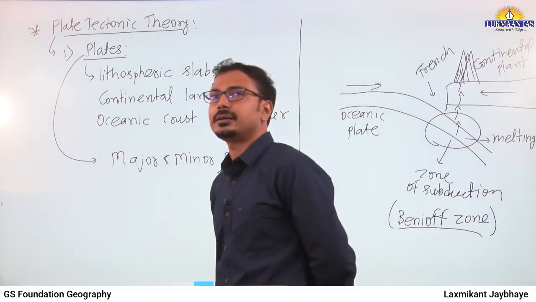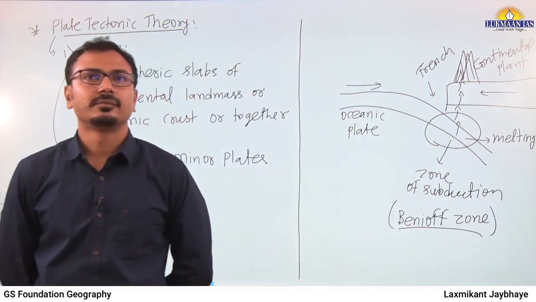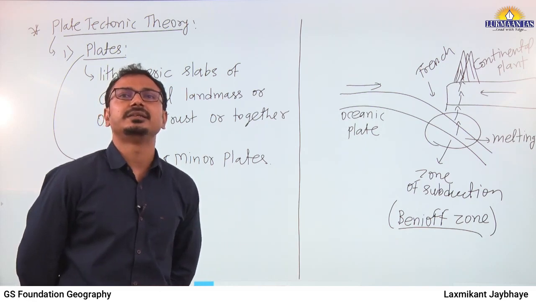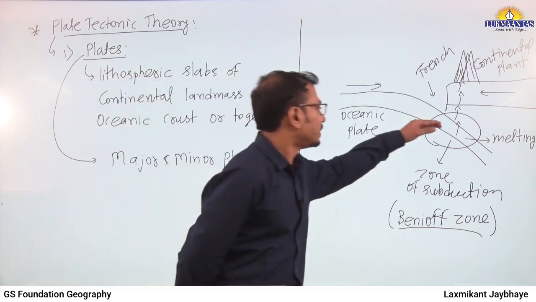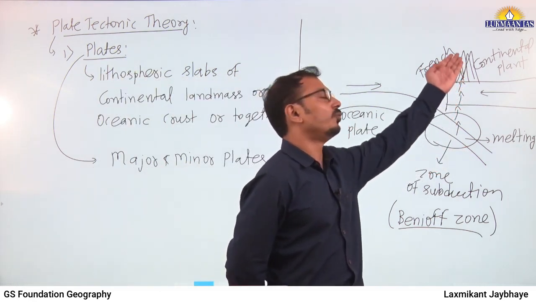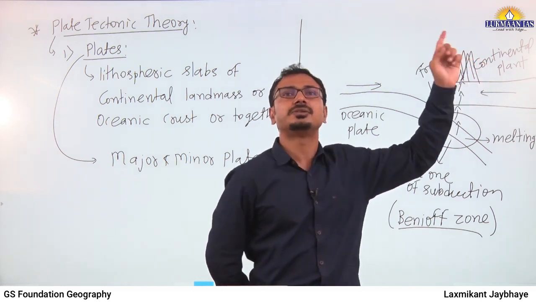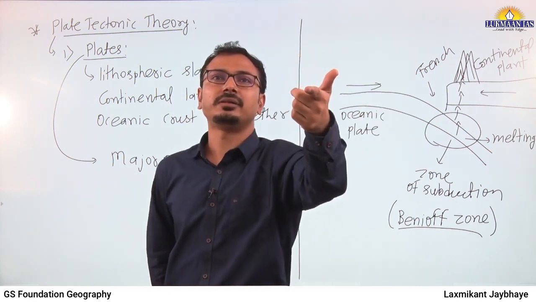Can you locate that, everyone? Now this is a continuous mountain range. Basically this is formed because of the subduction and subsequent volcanic eruption like this. The same is the case with the Rockies mountains.